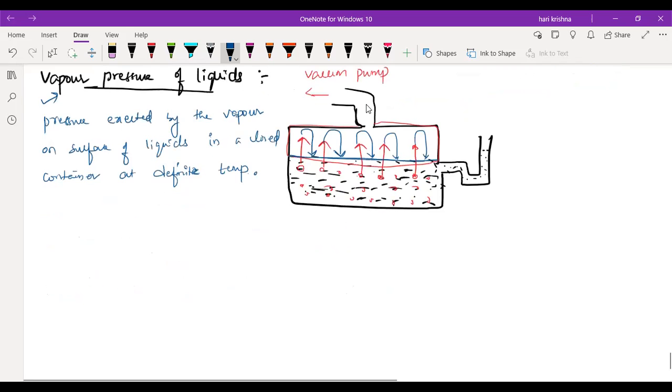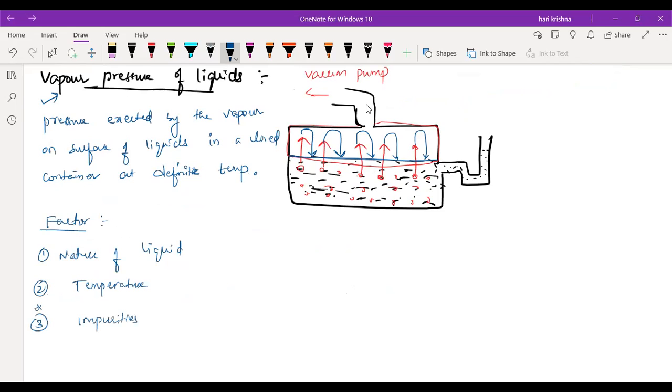Clear now? So how will this vapor pressure be affected? On what factors does it depend? The first one is the nature of liquid. Second one is the temperature. The third one is the impurities.